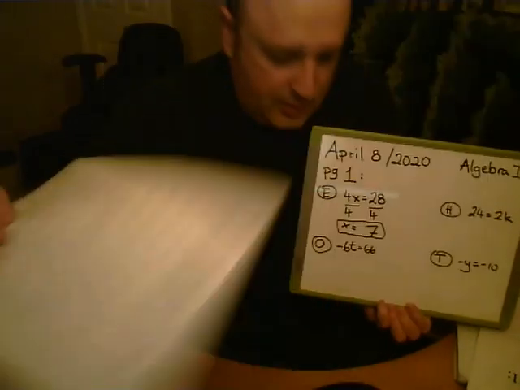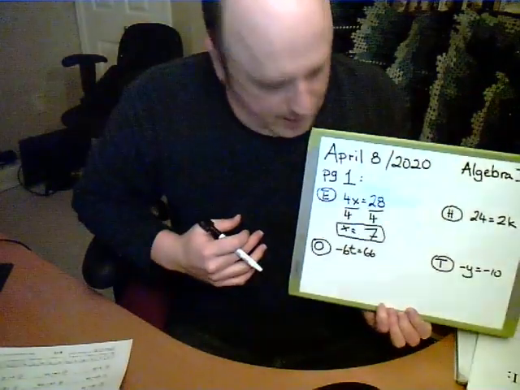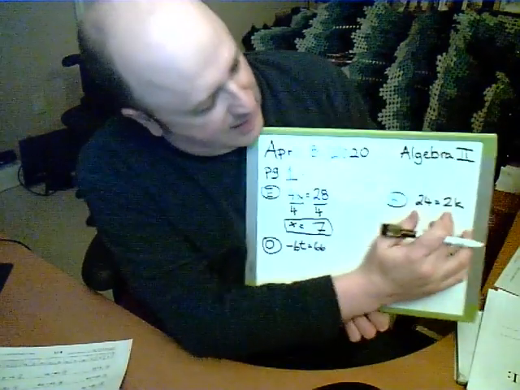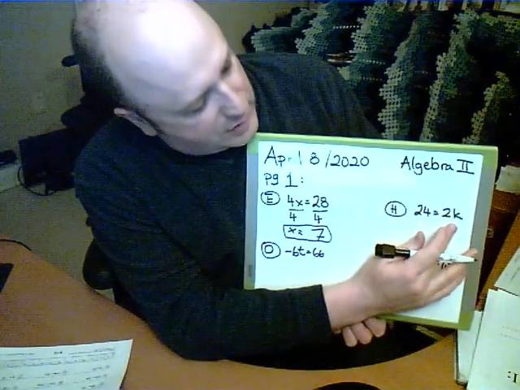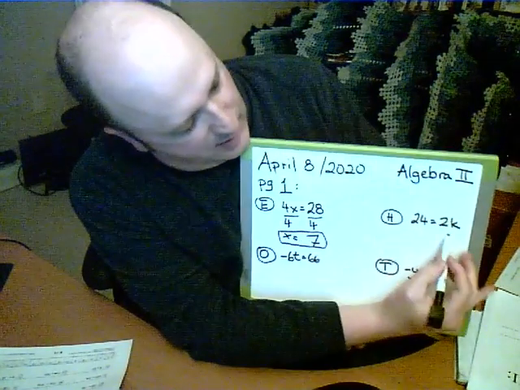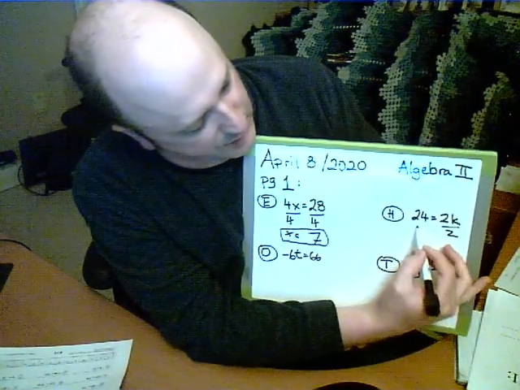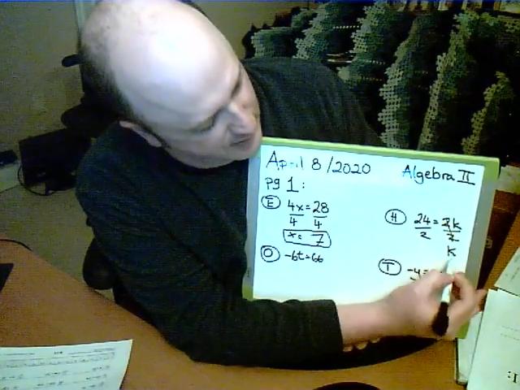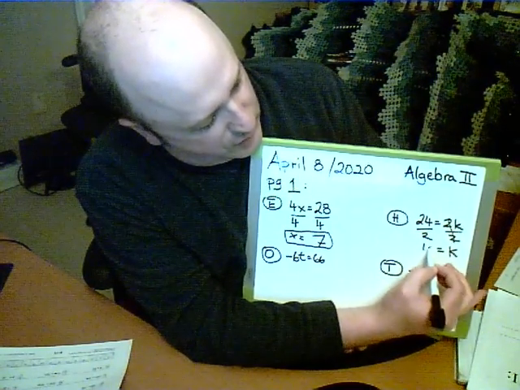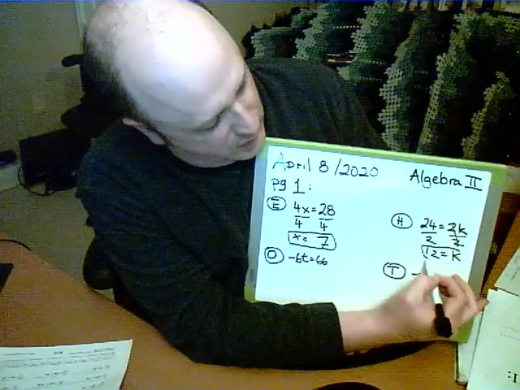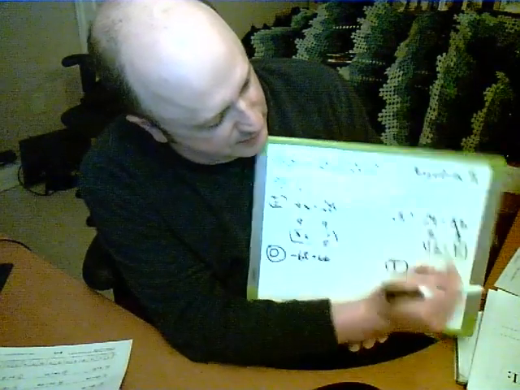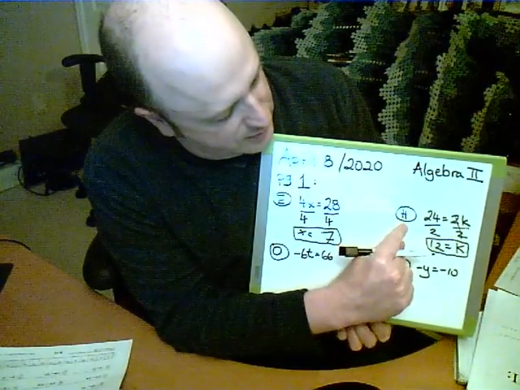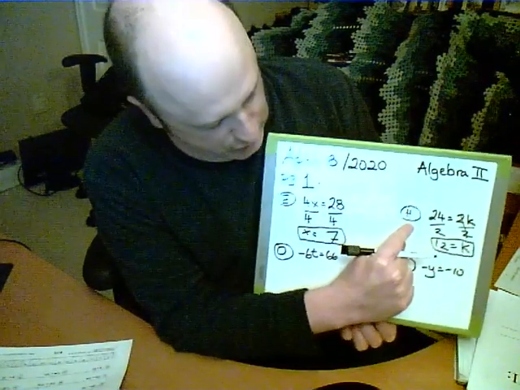That's where you plug in the letter E. Okay, so the next one I have the K value on the other side of the equation. So 24 equals 2K, divide by 2. The 2's cancel, I'm left with K, and 24 over 2 is 12. So you go back to the sheet, you plug in the number 12, you plug in the letter H.